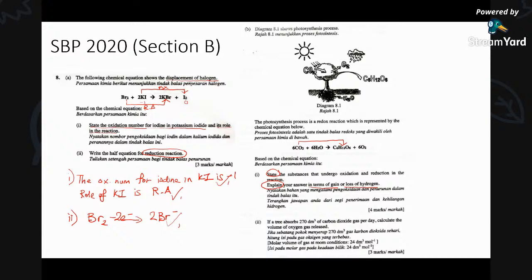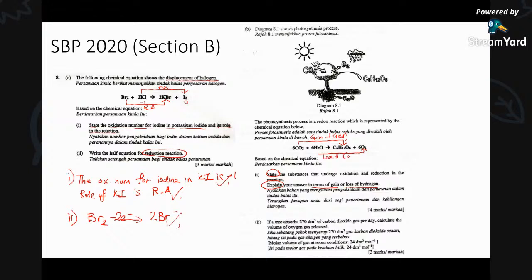So when they gain hydrogen, it is reduction. And then if you look at water and O2, previously there is hydrogen, and after that the product doesn't have hydrogen, so it loses hydrogen.